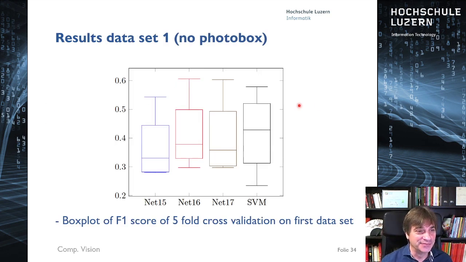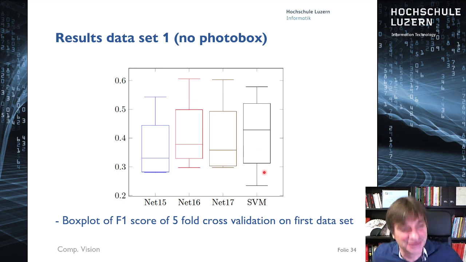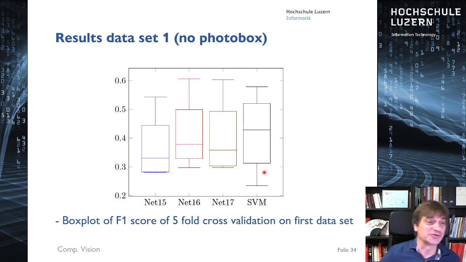So we then applied them to our first data set, which you might remember from last week, where we didn't use the photo box yet with the green background. These were just images taken at the hospital by the photographer, and then afterwards labeled by the doctors. Unfortunately, we were not really better than the support vector machine. On average, the scores were actually a bit lower.